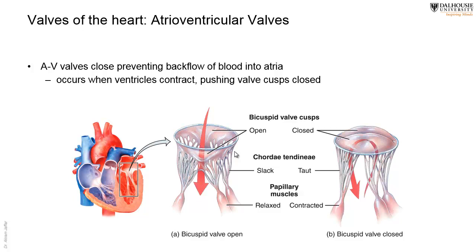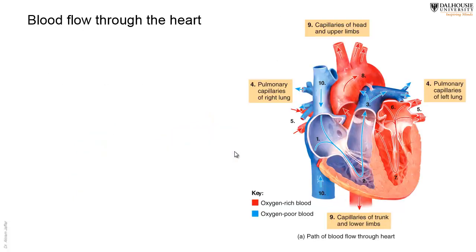They are prevented from being everted because they are held down by these cords. It's like the strings of a parachute. So they are pulled down, prevented from being prolapsed up. And so the valve will close, okay? And during ventricular contraction, you don't want the blood to return back to the atrium.